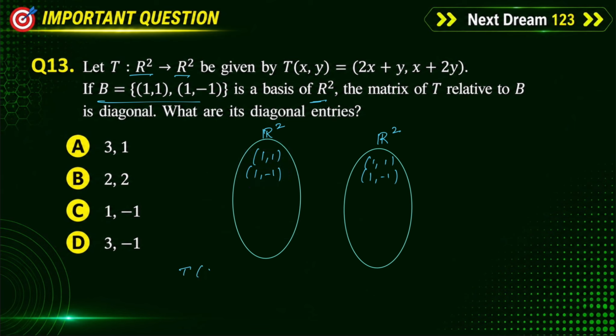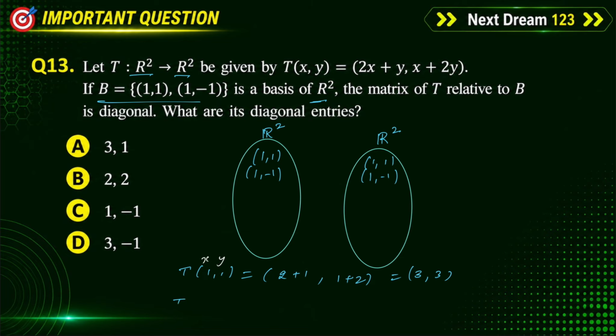T of (1, 1) is equal to, this is x, this is y. You substitute these x and y values in the given transformation. What do we get? 2 plus 1, 1 plus 2, that is equal to (3, 3).